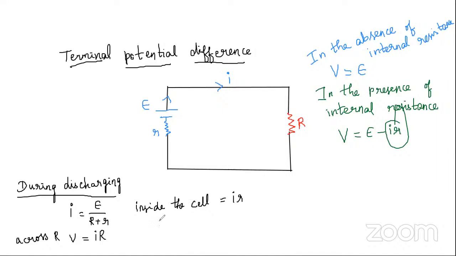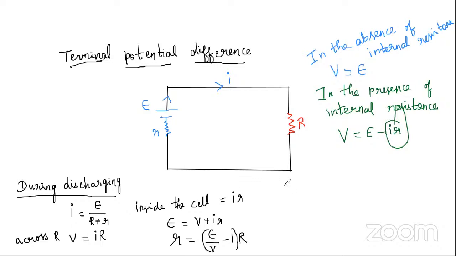So that makes the EMF of the cell E equal to V plus I into small r. According to this formula, the internal resistance of the cell can be calculated as small r equal to (epsilon by V minus 1) into capital R. This is how you need to understand the formulas and equations in case of discharging of the cell.